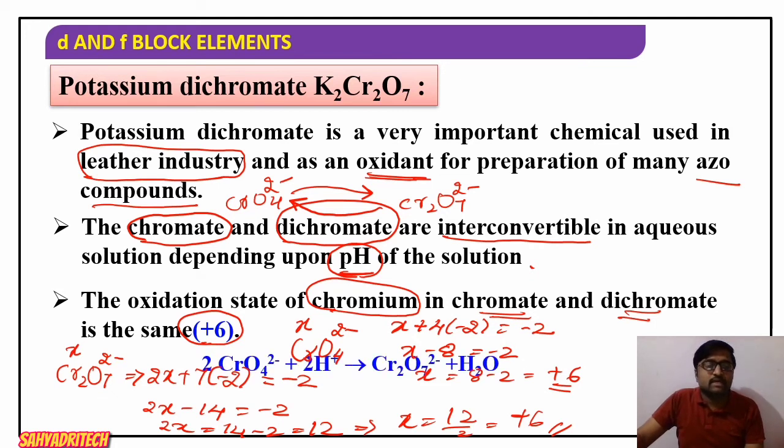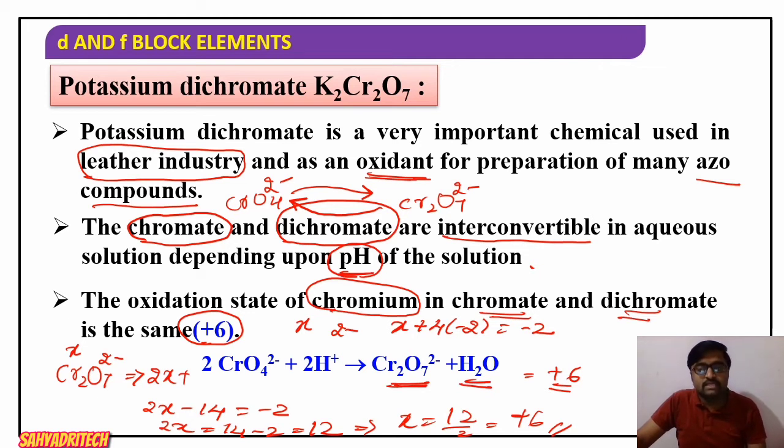Okay, well, CrO4 2 minus plus 2H plus gives rise to Cr2O7 2 minus plus H2O. When chromate is treated with acids, it gives rise to dichromate, that is, at acidic pH, pH less than 7.